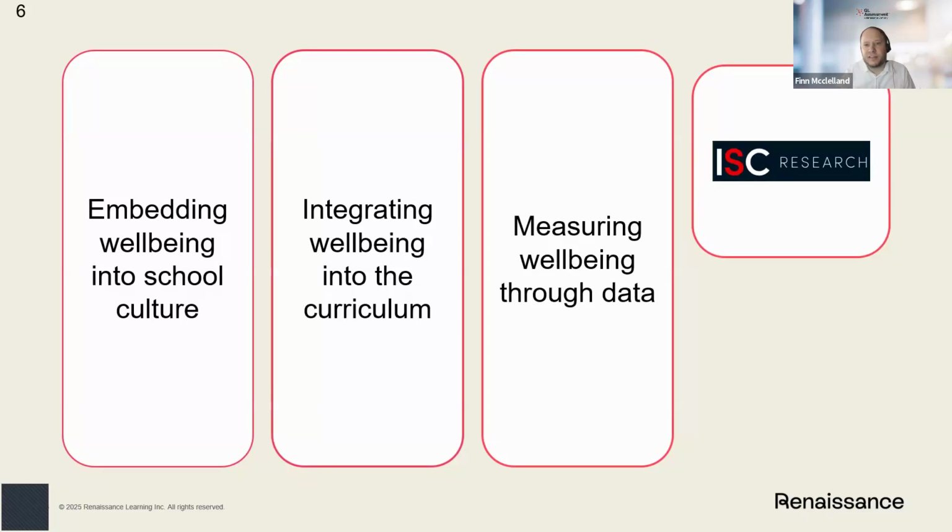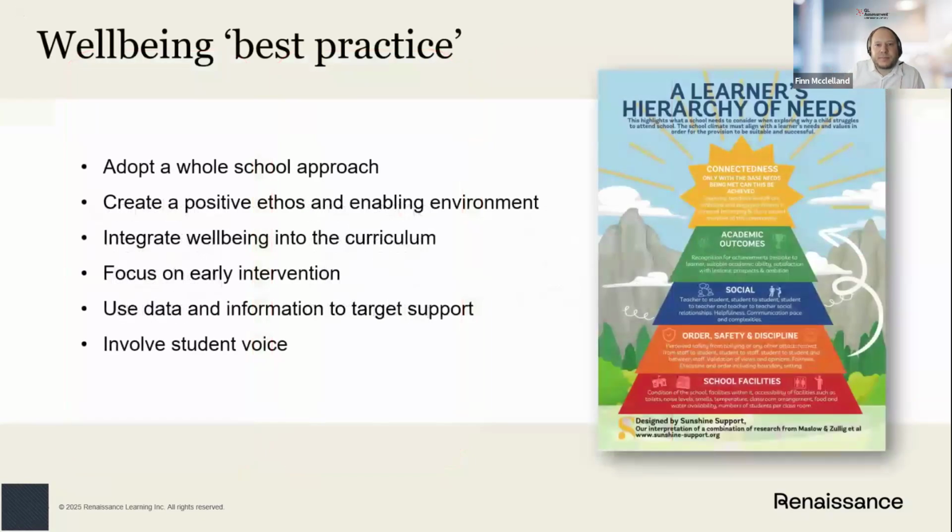In addition to this, a recent ISC report on well-being also stated the importance of embedding well-being into school culture, integrating well-being into the curriculum, and measuring well-being through data, which is where our PASS survey really comes into its own, and I'll be talking to you more about that shortly.